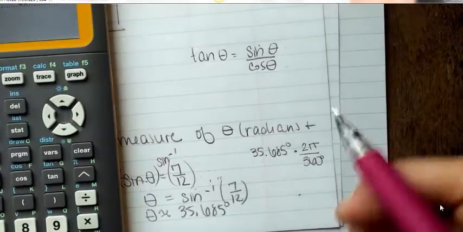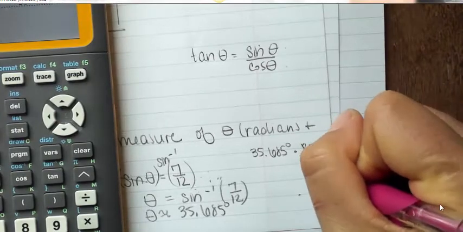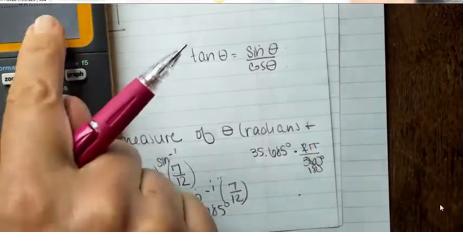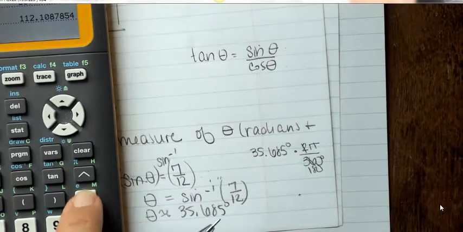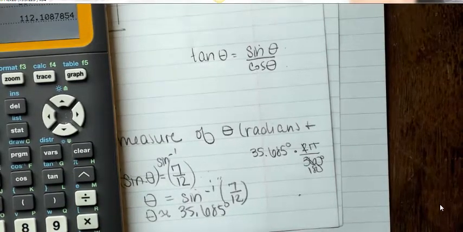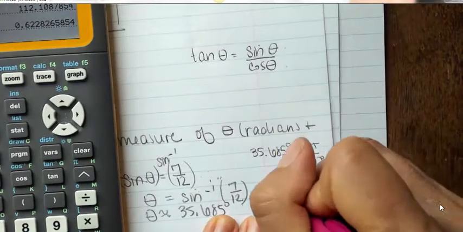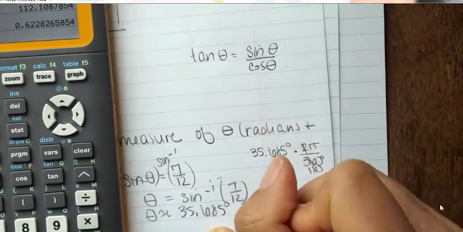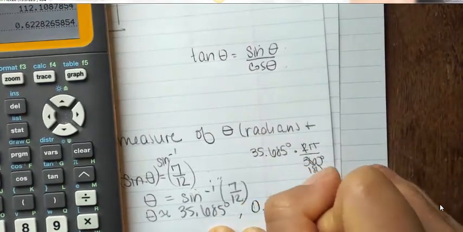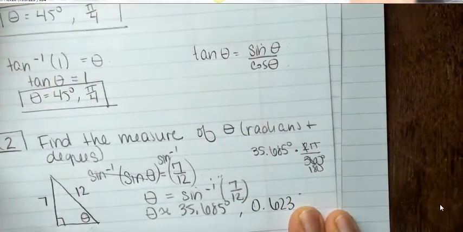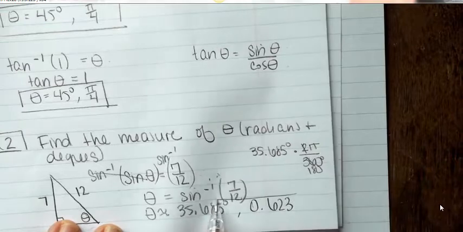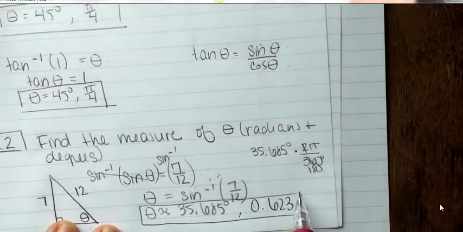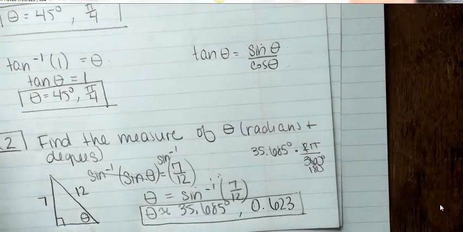I like to personally reduce it. So I'm going to do this number times pi, and then divide that by 180. And so I also know that theta can be 0.623 radians. You don't have to put anything after the number if it's in radians. That's how we know it's in radians, because it doesn't have a degree symbol.